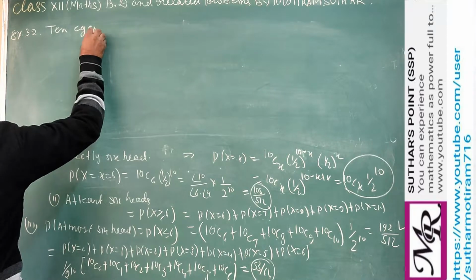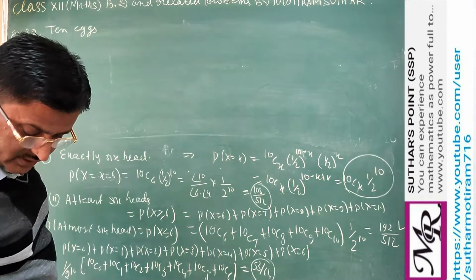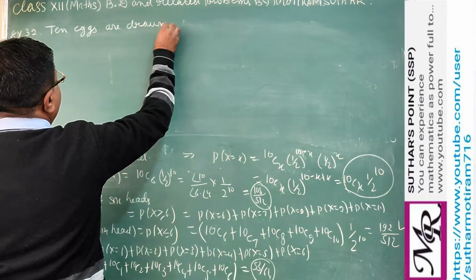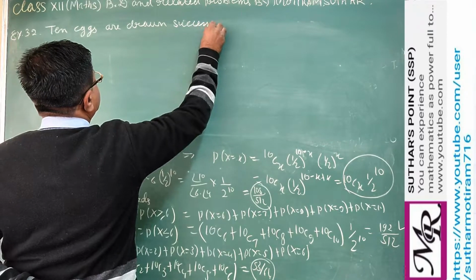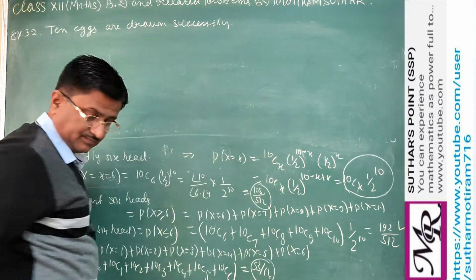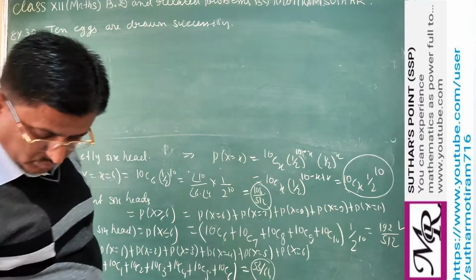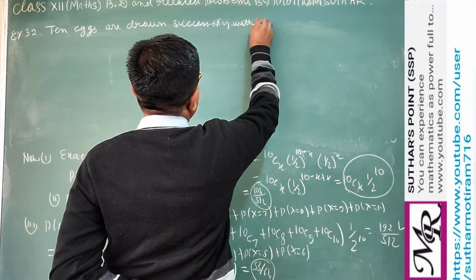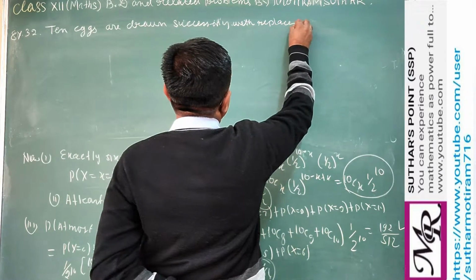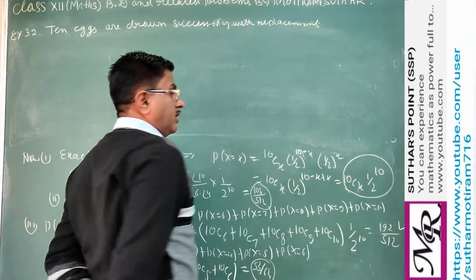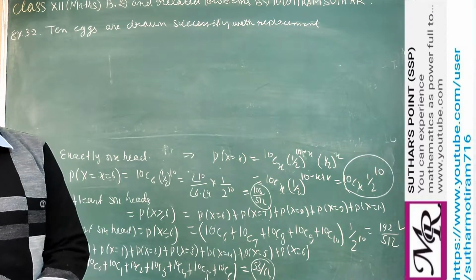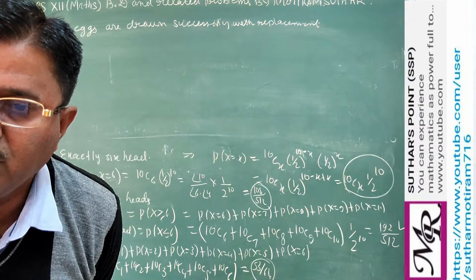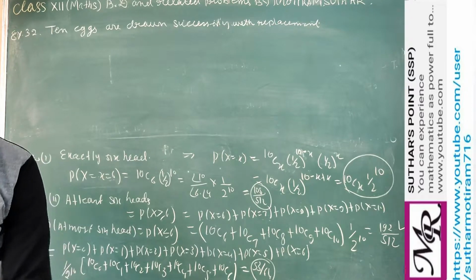Ten eggs are drawn successively with replacement. Now this is very important. It is with replacement. If it is not with replacement, we cannot use the binomial theorem. So the binomial theorem we can use only in the case of replacement, right?